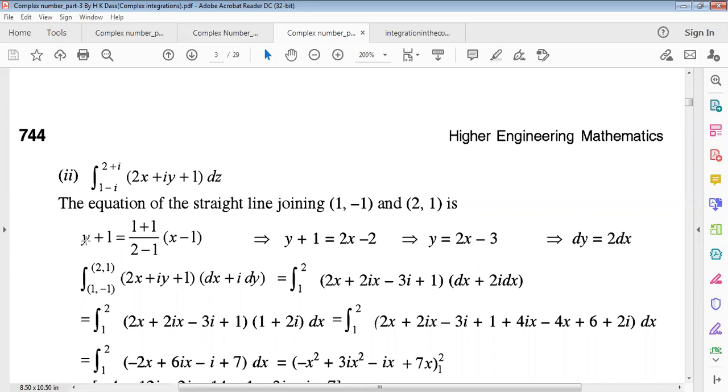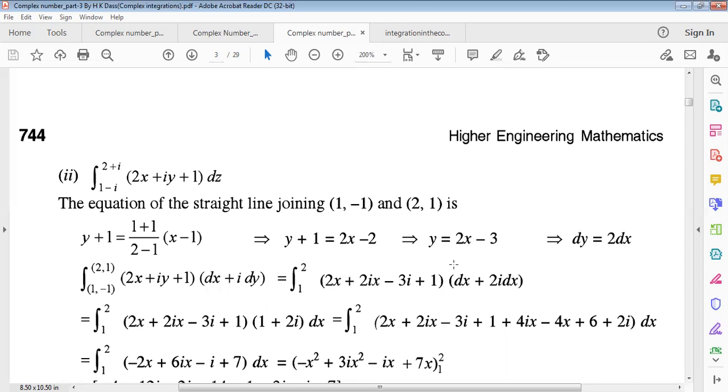Just putting x1 equals 1, y1 equals minus 1, x2 equals 2, y2 equals 1, we get this straight line. So y plus 1 equals thrice x minus, you got the intermediate formula.